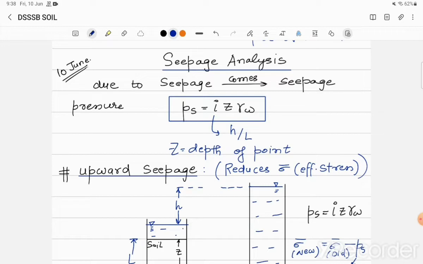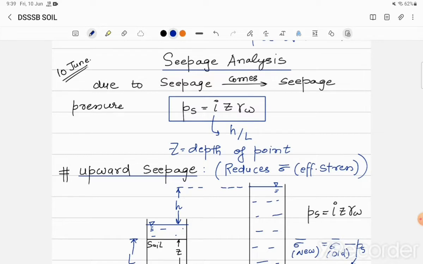Today we'll be studying seepage analysis, and in seepage analysis we'll study the effect of seepage on permeability, the effect of seepage on effective stress, and the quicksand condition. As in the last lecture, we discussed seepage pressure and seepage force.